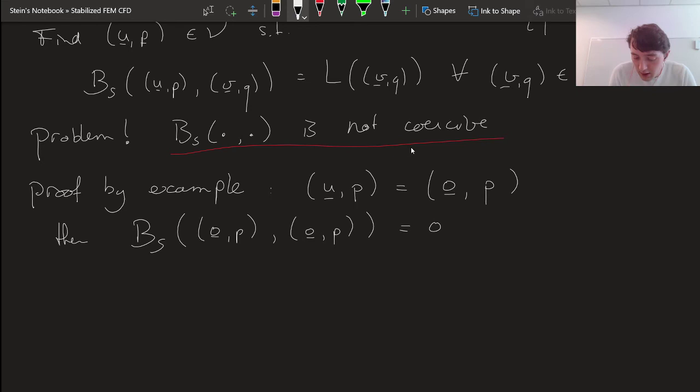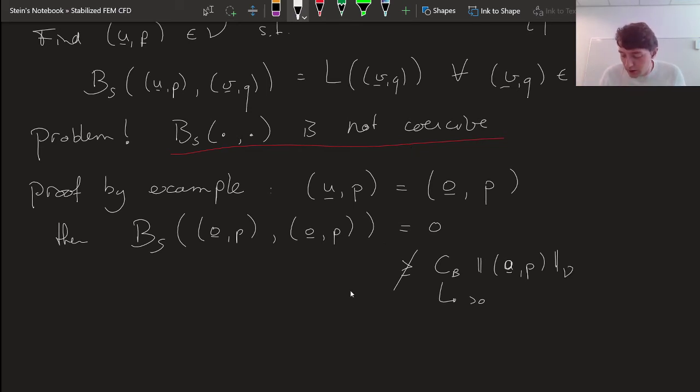And 0 is not going to be larger than or equal to some constant, C_B, where this constant has to be larger than 0, times the norm of, well, what is this? U, p. Or maybe I should say 0, p. Why is that true? Well, we know that a norm, by definition, is zero only if the thing inside of the norm is zero.